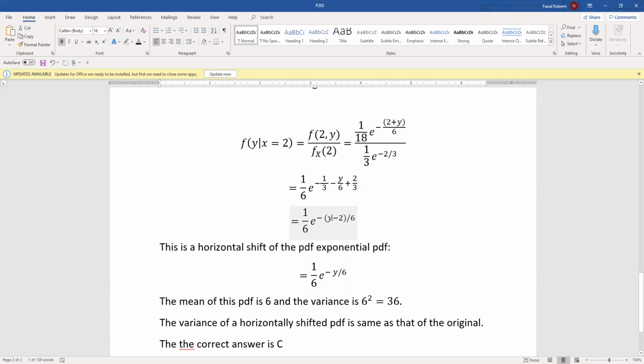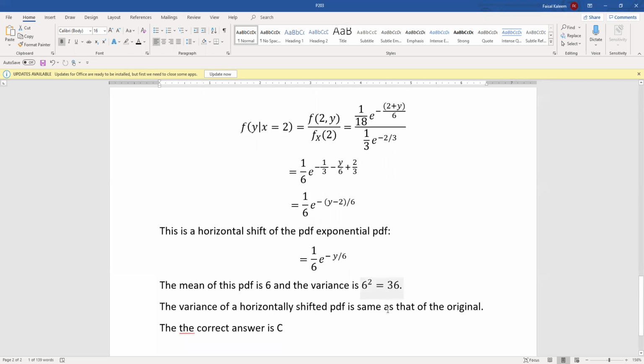So anytime a PDF has a horizontal shift, its variance is the same as the original PDF. So a horizontal shift of a PDF does not change its variance. So therefore, the variance of this one is also the same as the variance of this one, which is 36, and that was choice C.